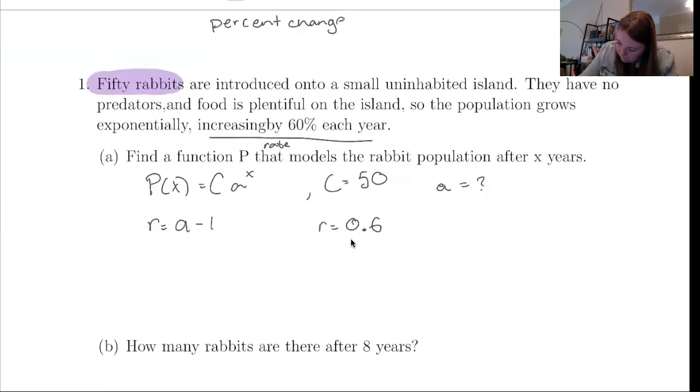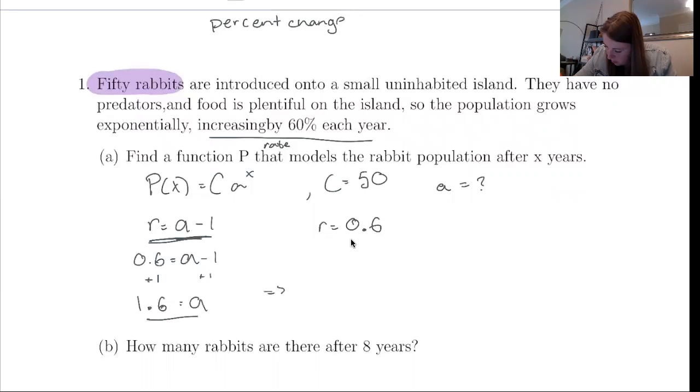So I'm going to put my 0.6 into this little equation that we have. Remember, this equation comes from the definition of r, just a minus 1. And also we can say a is r plus 1, right? So just add 1 to both sides. And we got 1.6 equals a. Great. So then I can go over here and put everything together.